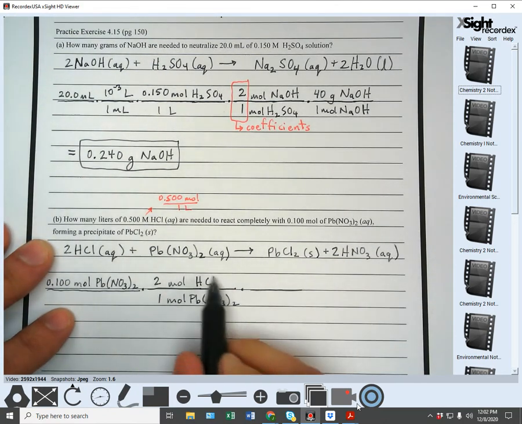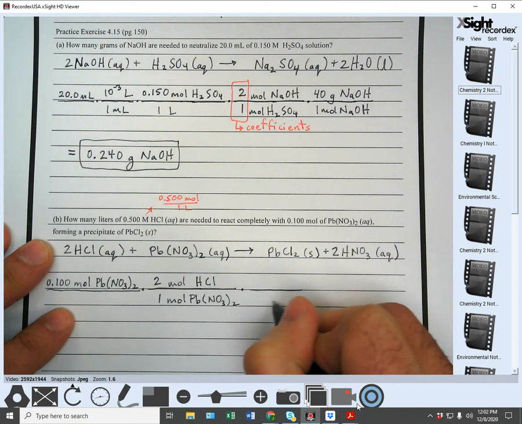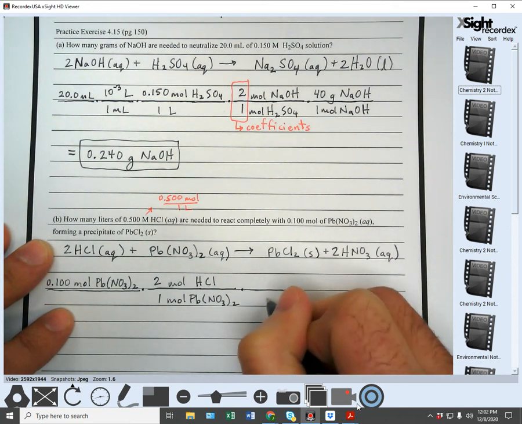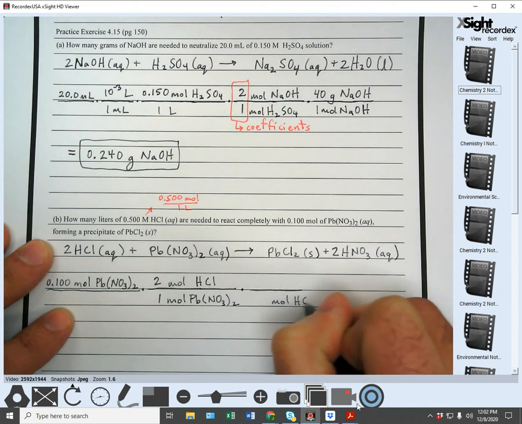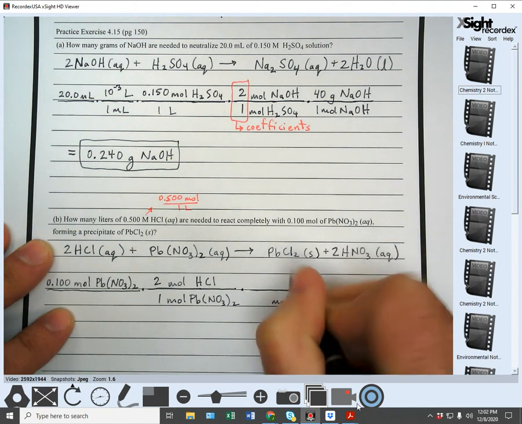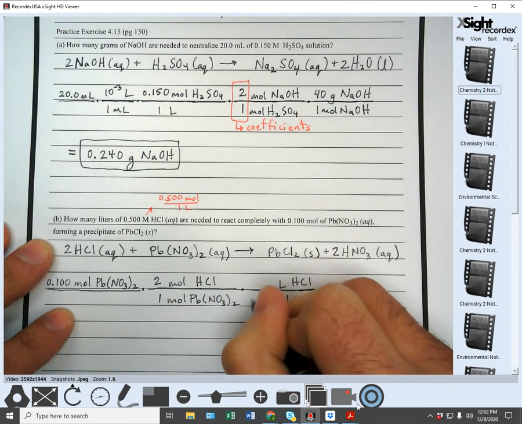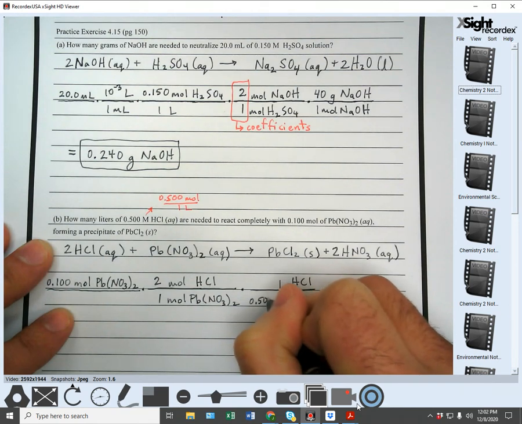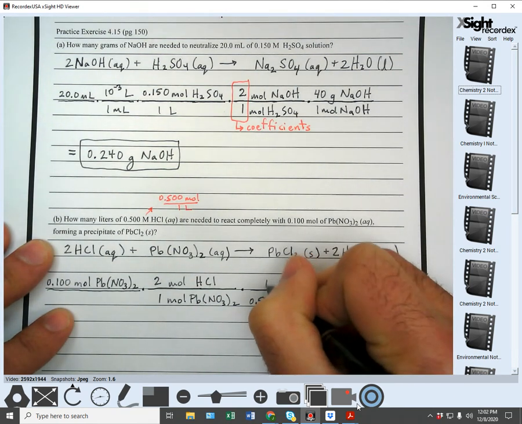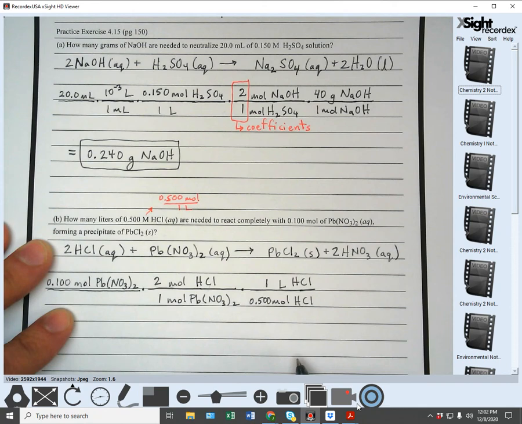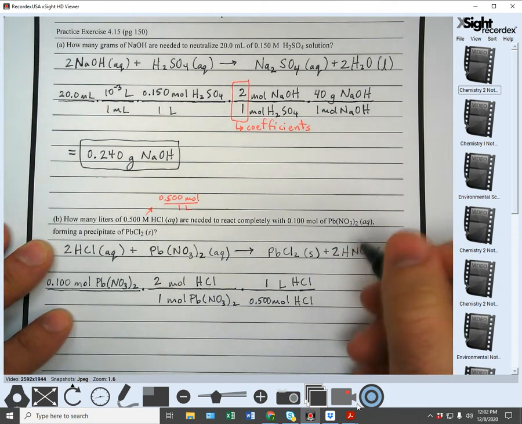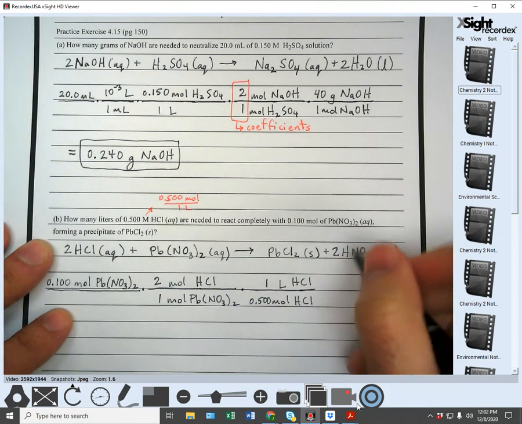But look here, I've got moles of HCl on the bottom, liters of HCl on the top. So it's 0.500 goes with the moles and 1 with the liter, like that. Okay, now I've got liters, so I can just do the math.